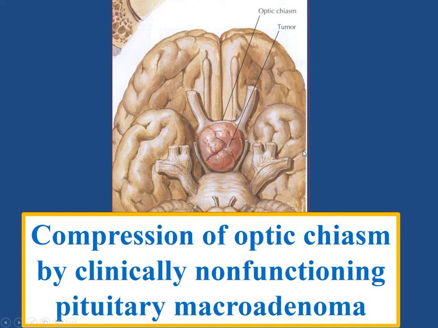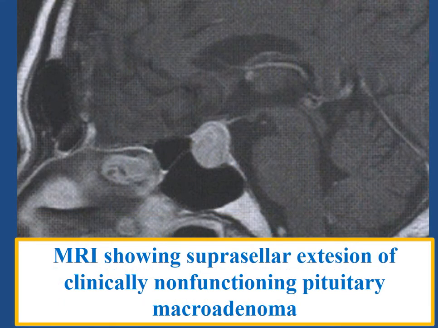And of course, compression of the optic chiasm by a clinically non-functioning pituitary macroadenoma may result in restriction of the visual field. In this MRI, we can see suprasellar extension of a clinically non-functioning pituitary macroadenoma.